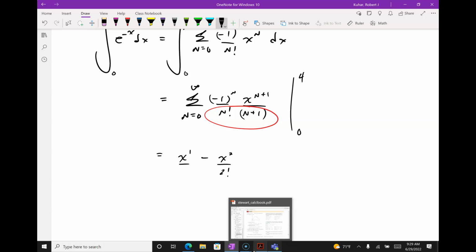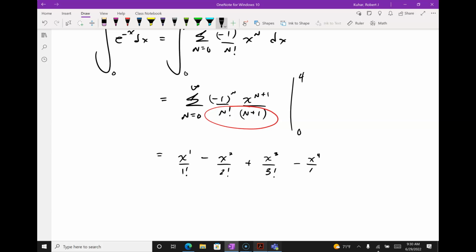So I can already see this, and I think that's true, but let me just make sure. When n is 2, I definitely get an x cubed, and then a 2 plus 1, a 3 factorial. So that's pretty easy now. I don't have to think at all. But I'm bored, so let me just try 6 terms.